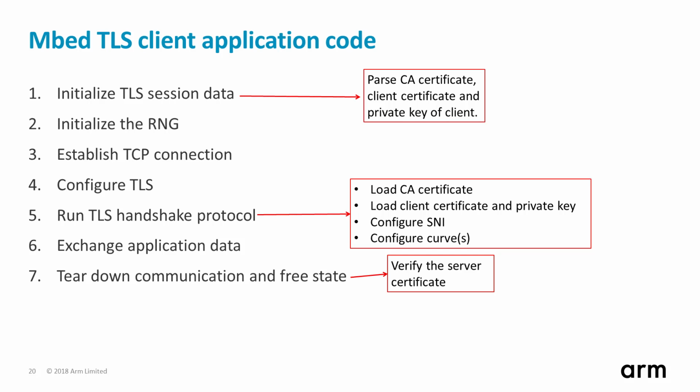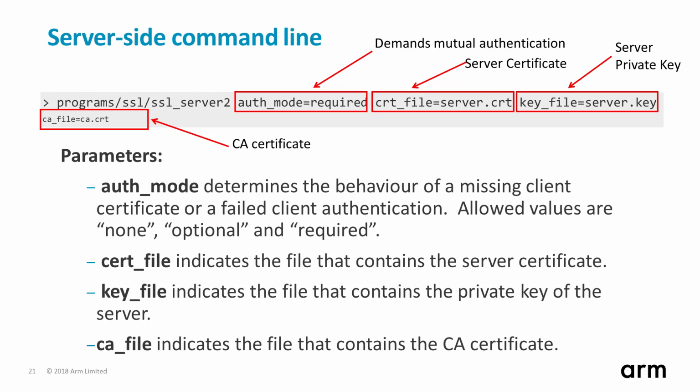Here's the command we run on the server side. We use the SSL_server2 example and indicate where to find the previously generated server certificate and the server private key. We also indicate that we want to use mutual authentication, which will trigger the server to issue a certificate request message. Here are the relevant configuration parameters.